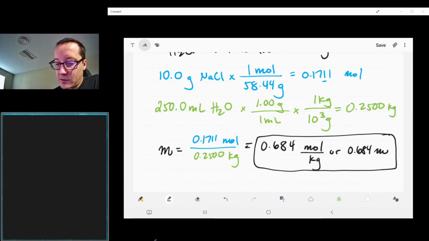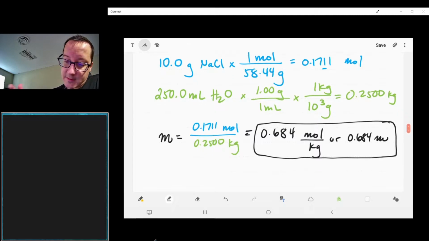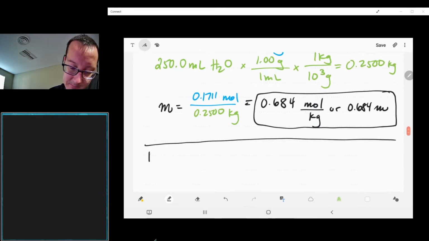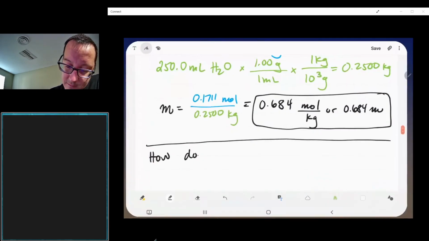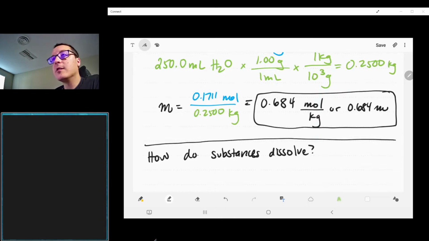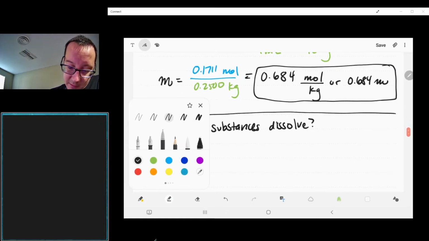Alrighty, so with this, let's see how two substances, how do things dissolve? And supposedly the easiest way to look at this sort of thing would be to take a look at a molecule like sodium chloride.